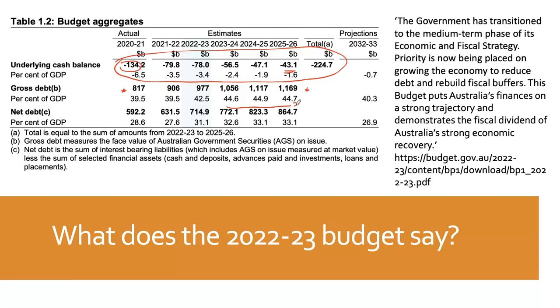And this is because in the budget papers, the Conservative government, which is no longer in power, so these budgets could change, and they in fact almost certainly would, said that they were transitioning to a medium-term phase of a fiscal strategy, with priority being placed on the economy to reduce their debt post-COVID and rebuild fiscal buffers, rebuild a fiscal balance. This puts the budget, Australia's funds, on a strong trajectory as Australia recovers.